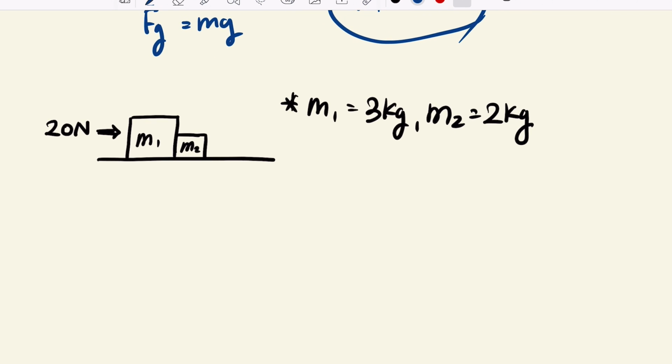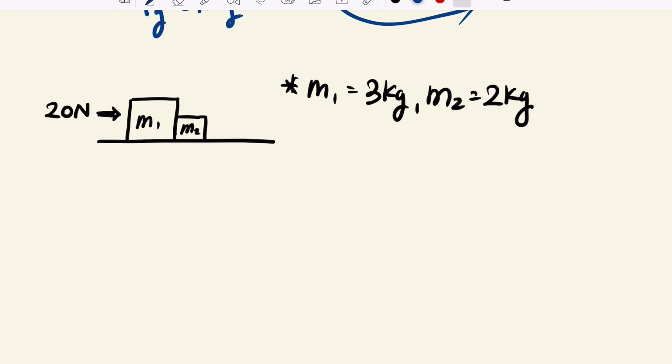Here, let's say boxes M1 and M2 are stuck together with each other, and there is an applied force of 20 newtons pushing towards the right direction on the side of M1. Let's assume that M1 is 3 kilograms and M2 is 2 kilograms. So here, there would be Fg and the normal force for both boxes. But we know that they cancel out because the boxes are not moving up and down.